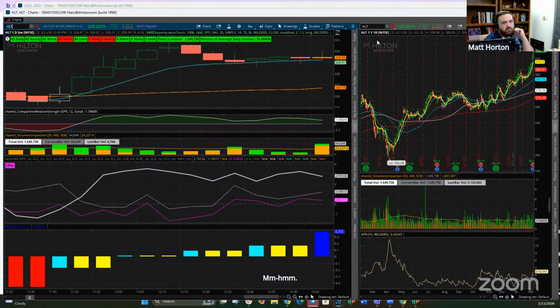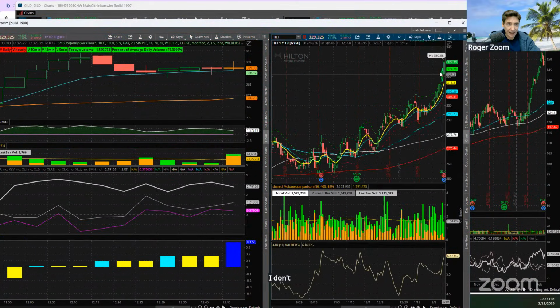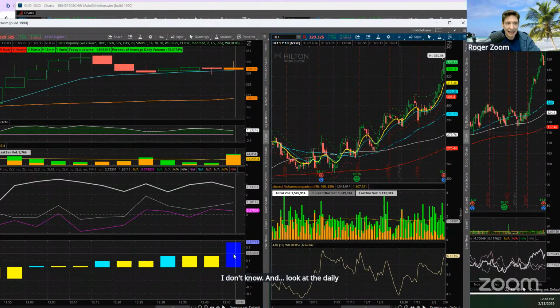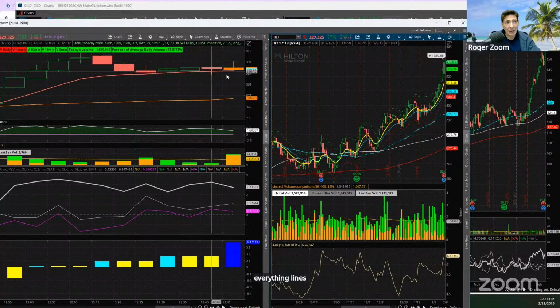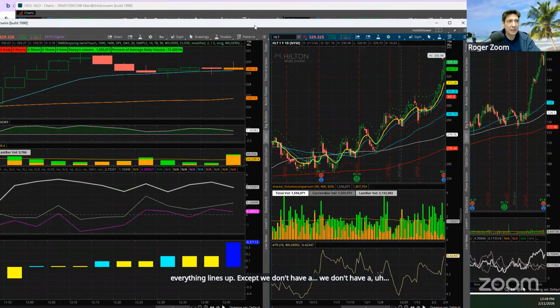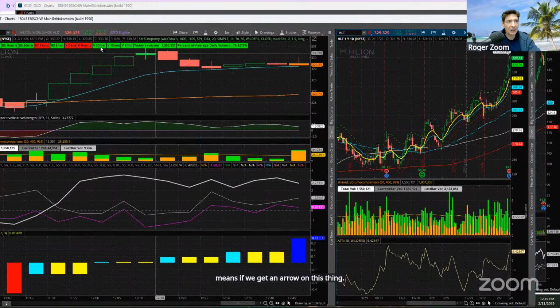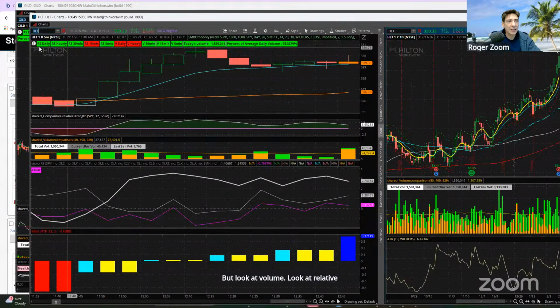And look at the daily chart. Everything lines up, except we don't have an arrow yet, which means if we get an arrow on this thing, but look at volume. Look at relative strength on a daily, hourly, 30-minute, and 5-minute.